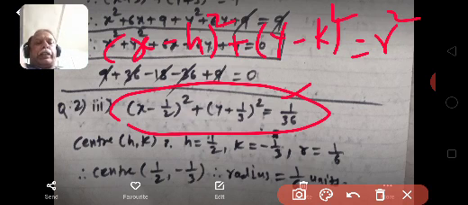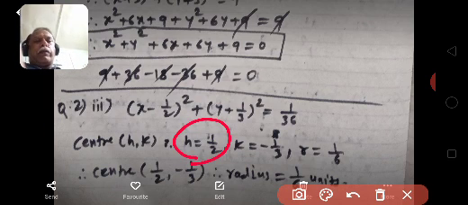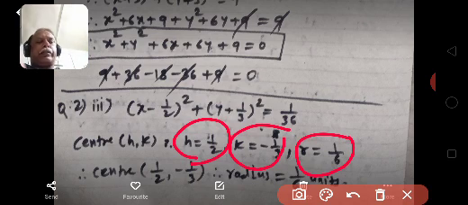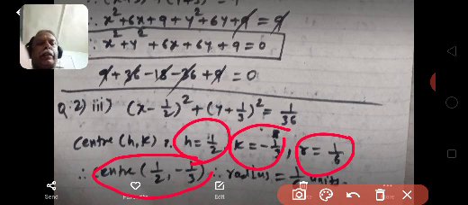By comparing this, you will get h is equal to half, k is equal to minus 1/3, r is equal to 1 by 6. Therefore, center coordinates are 1 half comma minus 1/3. Radius is 1 upon 6.